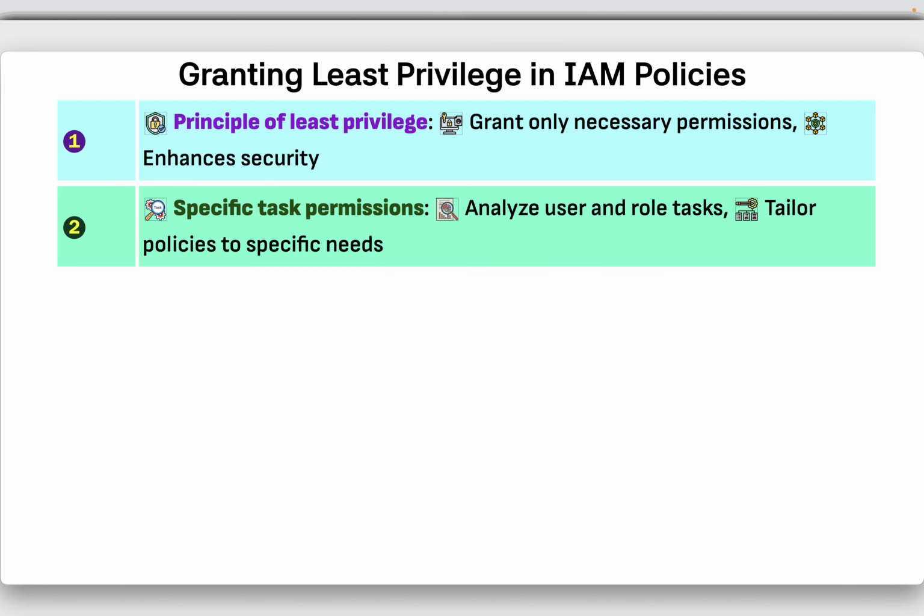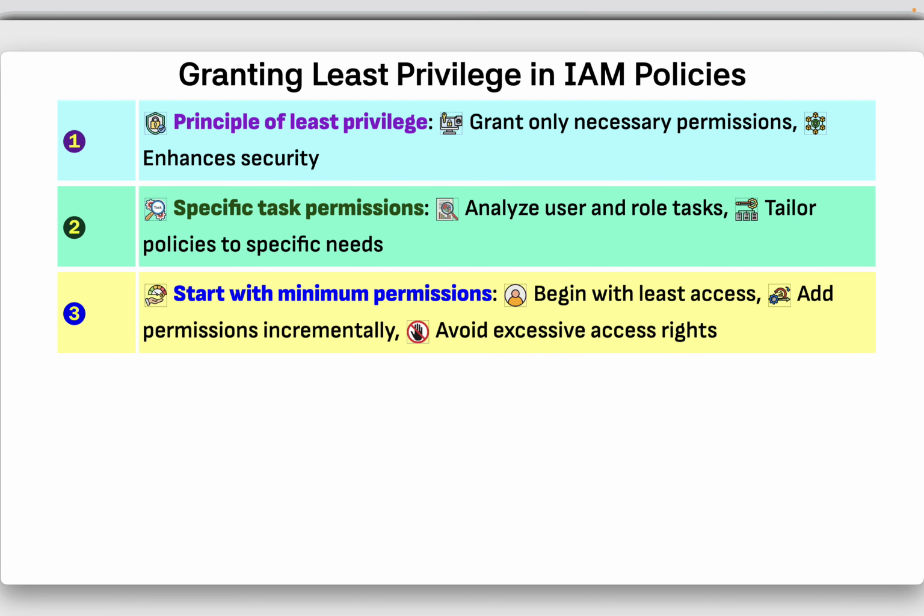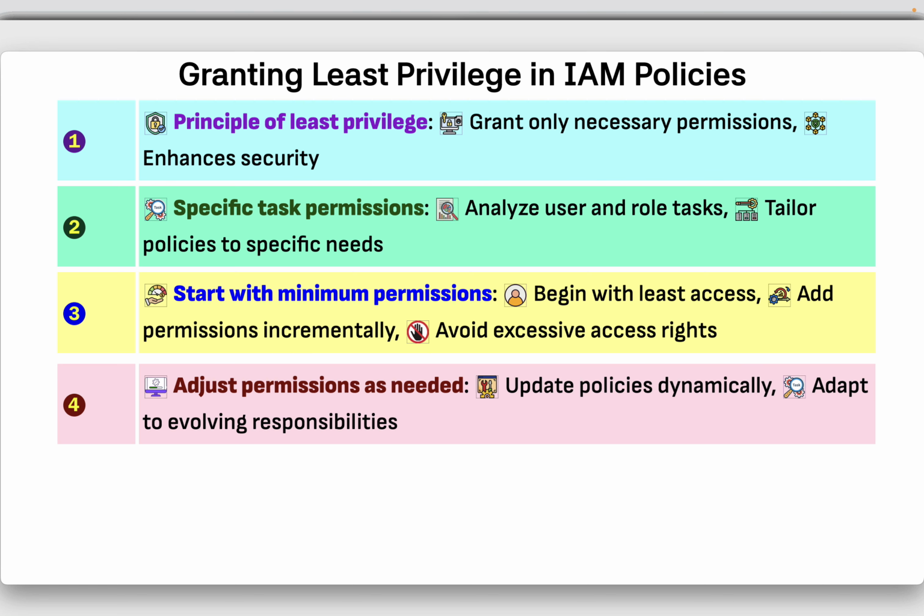For specific task permissions, analyze the tasks users and roles need to accomplish and tailor policies to those specific needs. Start with minimum permissions, so you can begin with the least amount of access and incrementally add permissions to avoid excessive access rights. Adjust permissions as needed, dynamically updating policies to grant additional permissions as tasks and responsibilities evolve.